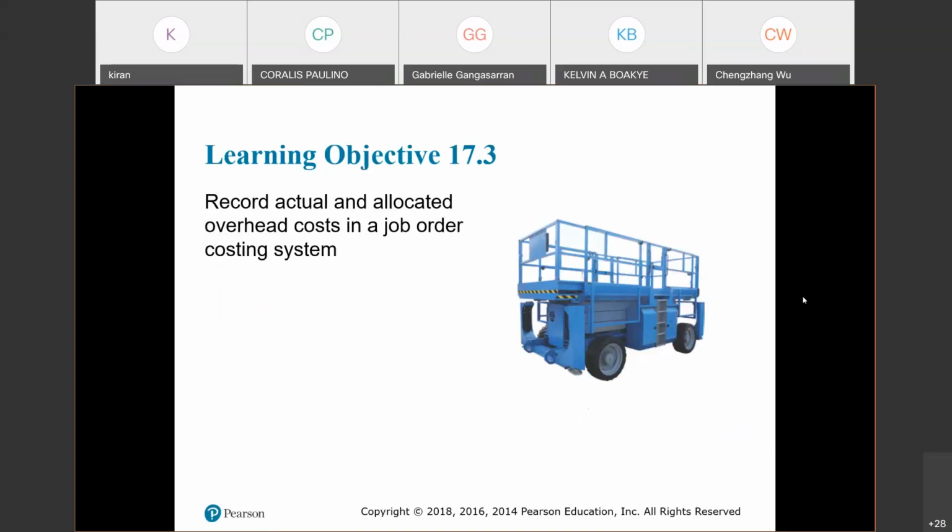They are direct materials, direct labor, as well as manufacturing overhead. We learned how we deal with materials and labor. But next, let's see how to deal with manufacturing overhead in a job order costing system.